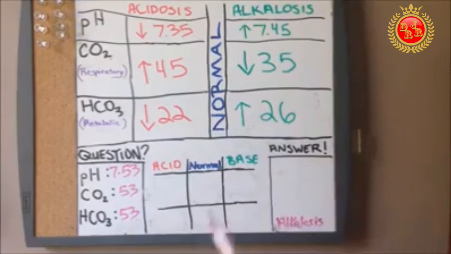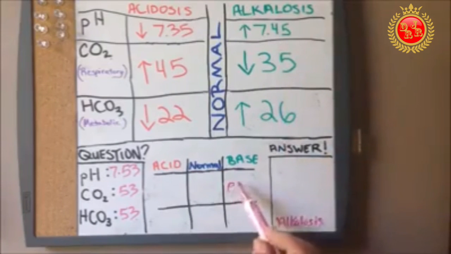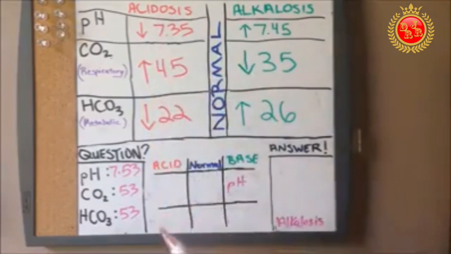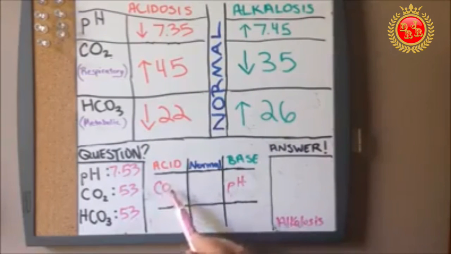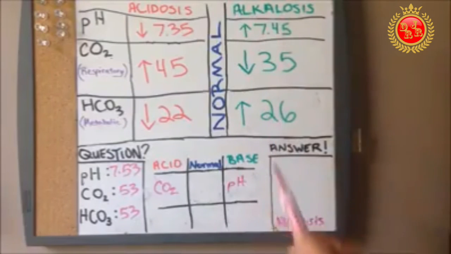Practice makes perfect, y'all. Since pH is in the alkalosis column, we're going to write it down here in our basic column, alkalosis column. CO2 of 53, definitely above 45. Since that's in the acid column, let's write our CO2 down here in our acid column. And our bicarbonate of 53, way above 26 in our basic column.